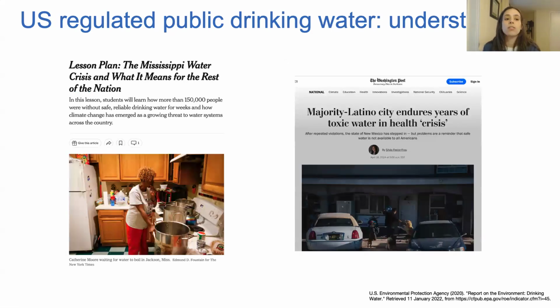So every couple of years, there's a major water crisis that is impacting a public water system somewhere in the U.S. And there's a headline that hits our national news media, and we're all reminded that this is not, in fact, the case. So on the left here, we have an example from the Jackson water crisis. We have a new R01 that's evaluating water contaminant exposures in the Jackson Heart Study in response to that crisis.